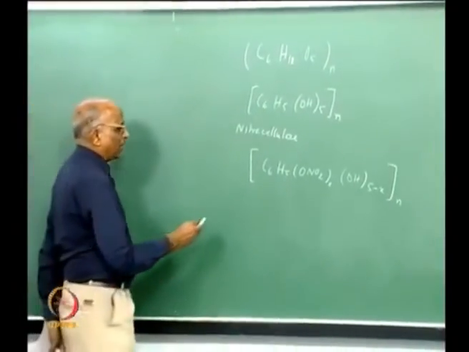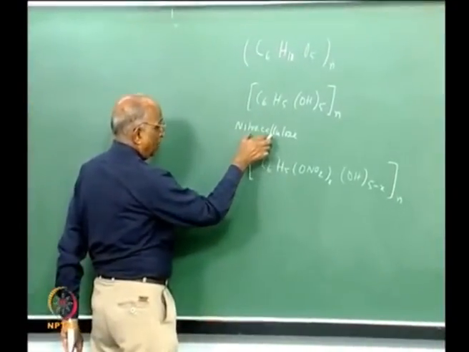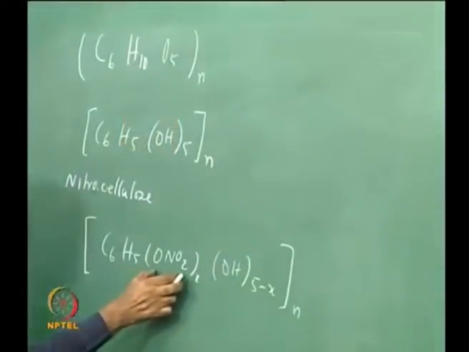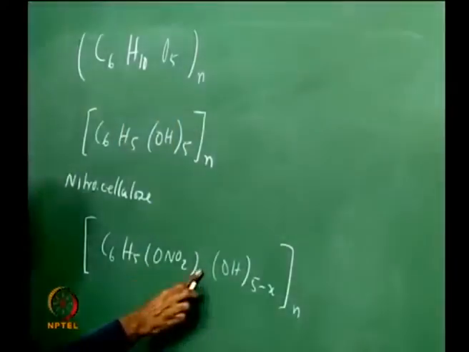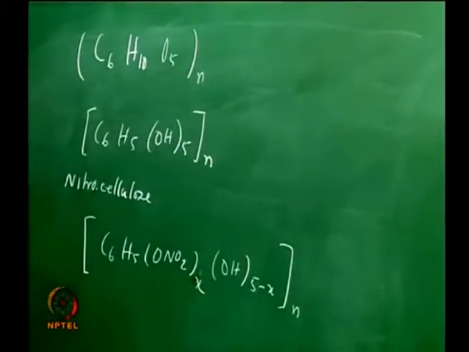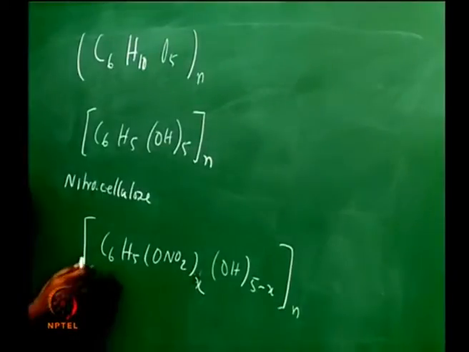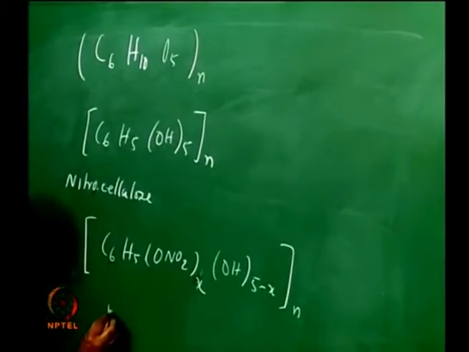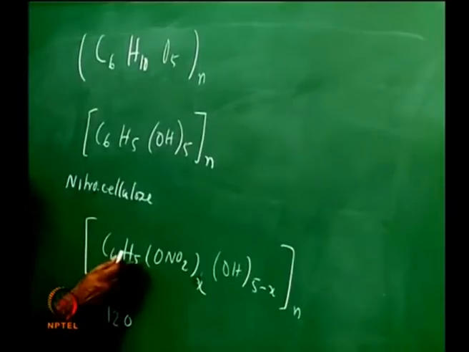Now what is it we have done? We now have the formula for nitrocellulose, which is now C6H5, the nitrate ONO2 X times, and OH 5 minus X times. Now if you look at this, C6, carbon, 6 of them requires O2, that means I need 6 of oxygen, that means 12 of oxygen atoms.